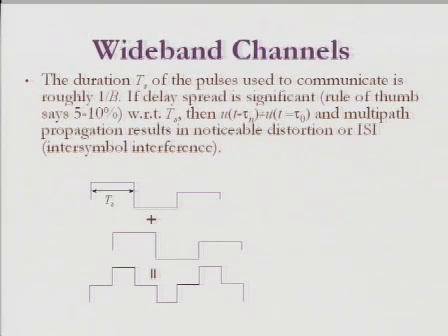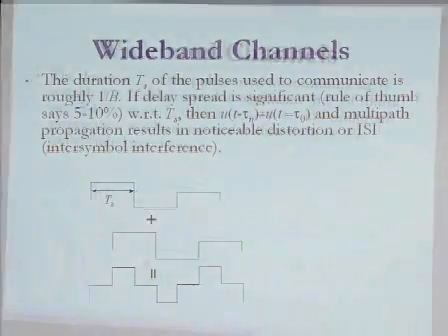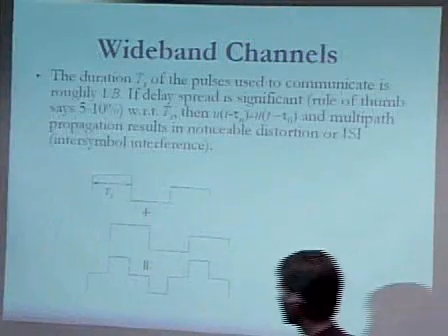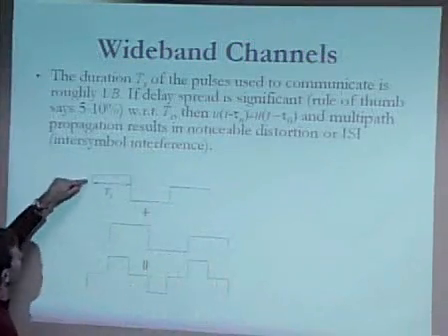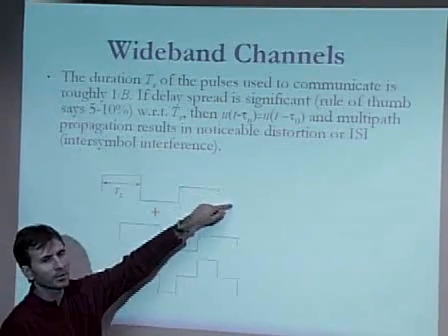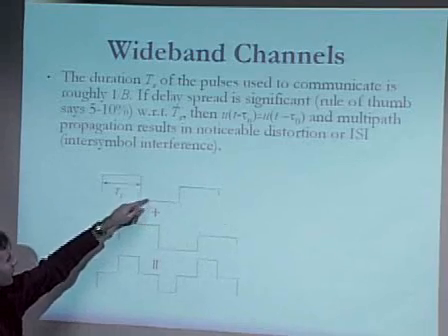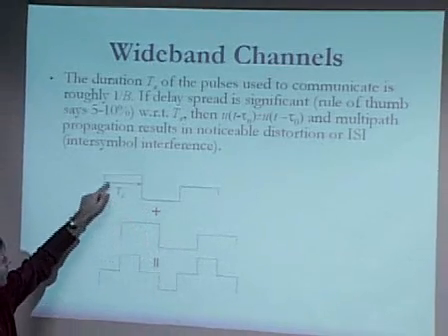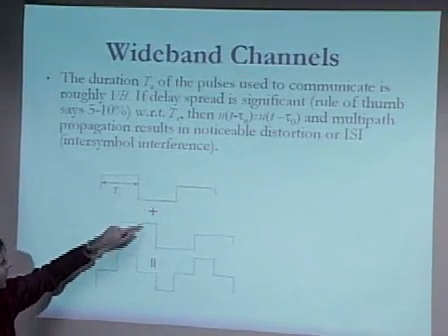As soon as these delay differences become about 5 to 10% of the symbol duration, the size of these pulses, we get significant distortion. This is called intersymbol interference distortion. Why? If you think of this pulse as one symbol, the second pulse as the second symbol, and this as another symbol, the second symbol is now interfering with the first symbol.